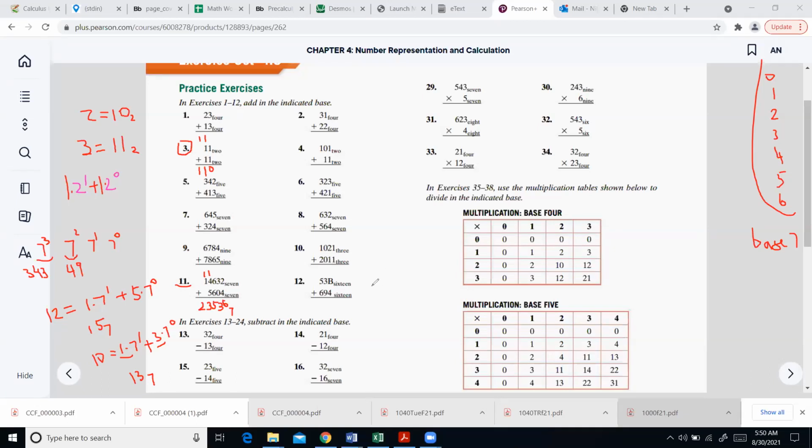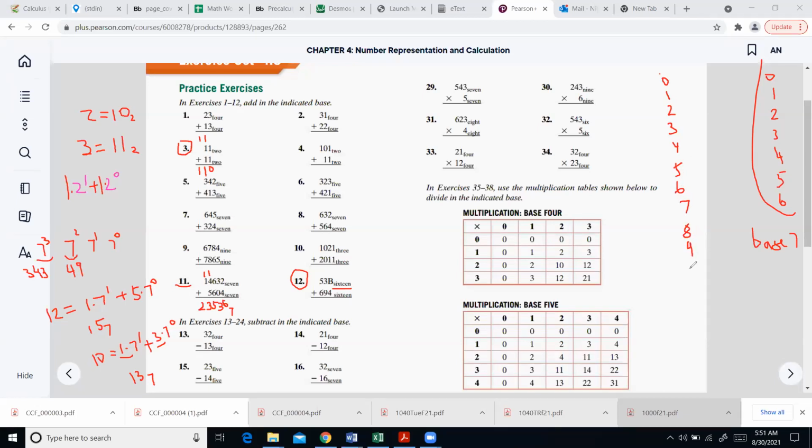Let me do one more, and then we'll try to subtract. So I'm looking at base 16 right now, exercise 12. Remember, base 16 had digits 0, 1, 2, 3, 4, 5, 6, 7, 8, and 9.